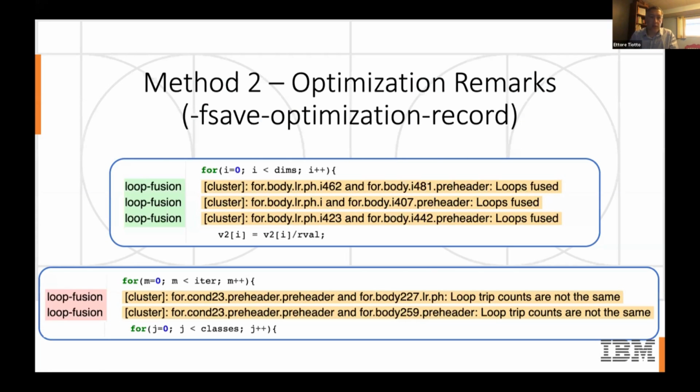LLVM is going to tell you, oh, these loops have been fused or not fused because of certain reasons. And whether this information is easily consumable by end users or not, my opinion is that it is really written for compiler developers.